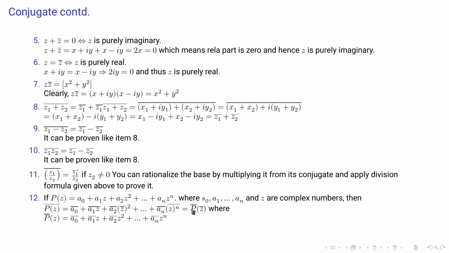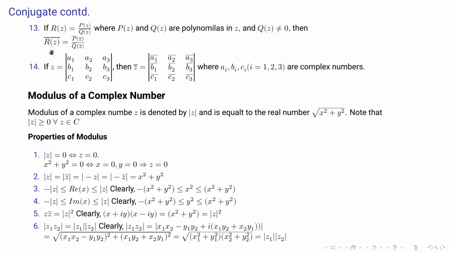That is, it is p of conjugate of z with conjugate coefficients. So this also you can prove easily, and I have left this as an exercise.